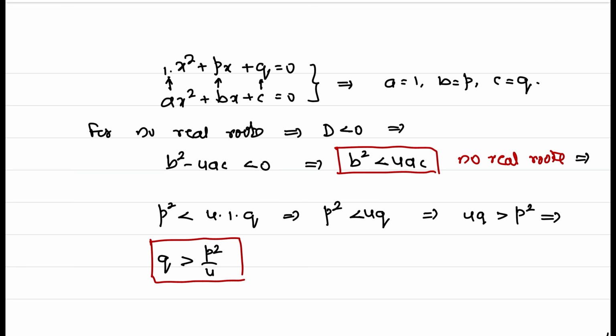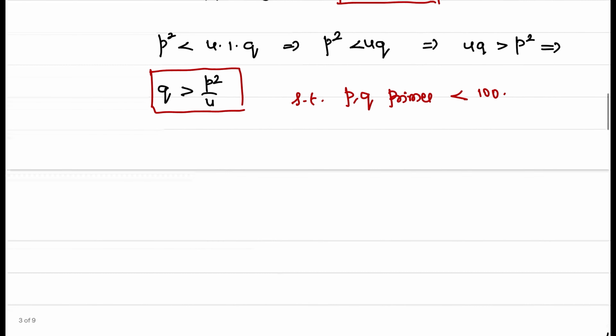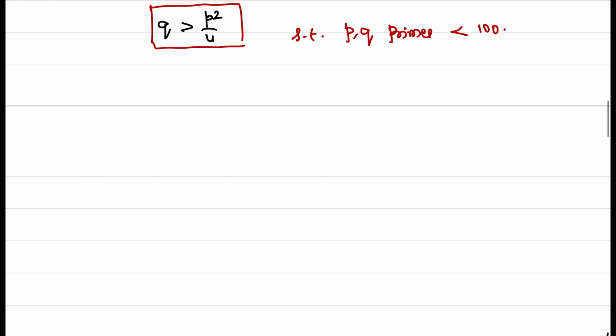We are supposed to find P and Q values, not the inequality. We have to find out P and Q such that P, Q are primes less than 100. Q should be less than 100.